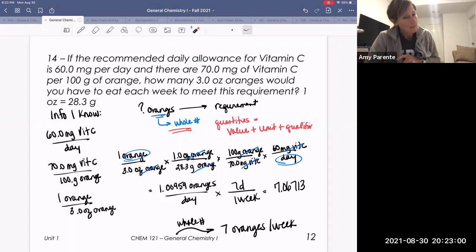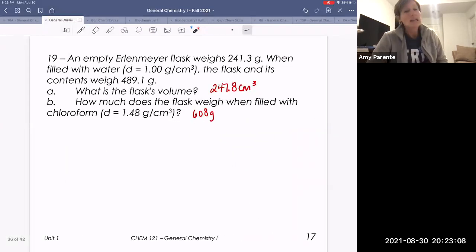All right, let's move on to another one. Every single one of these problems is just a different variation on things. This one is going to start bringing in some other pieces that are more science related, still not officially chemistry, but talking about density. Density was something we talked about in the first class.